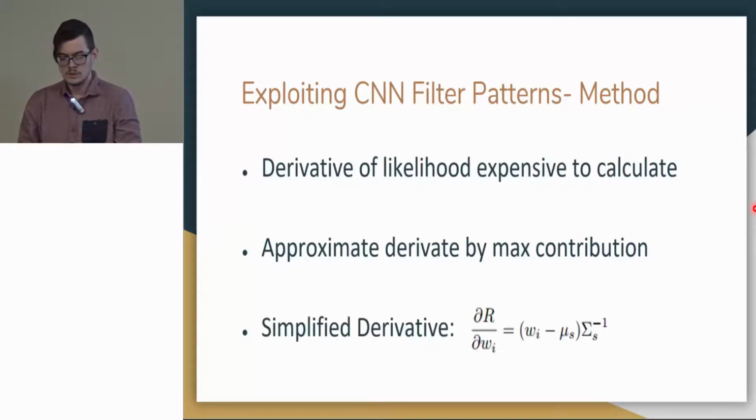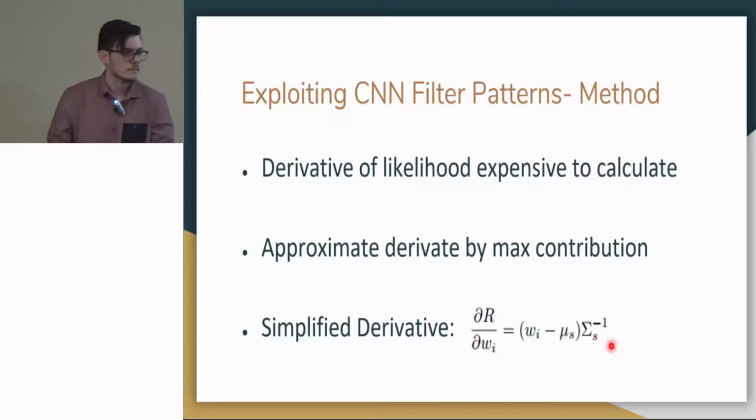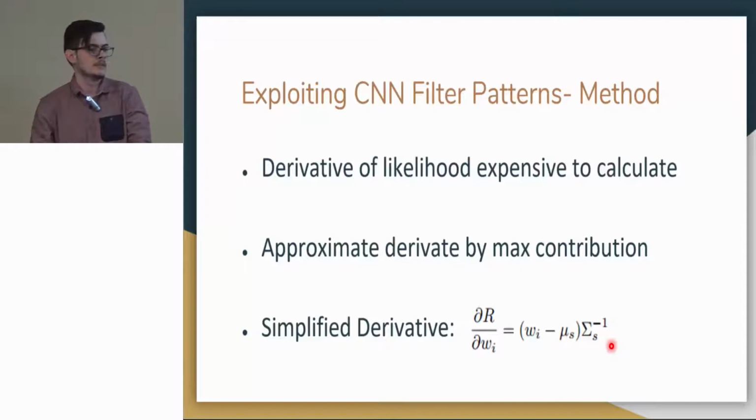So the derivative results in, we essentially select one distribution and take the derivative of that, which gives us the weights minus the mean of our chosen distribution times the inverse of that same distribution's covariance matrix. Yes, it's an optimization because it has the max contribution anyway, so we pick that one.